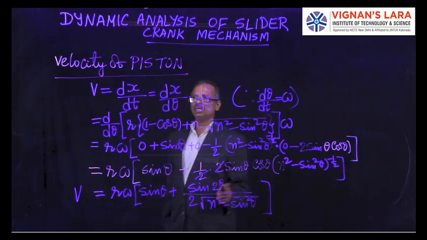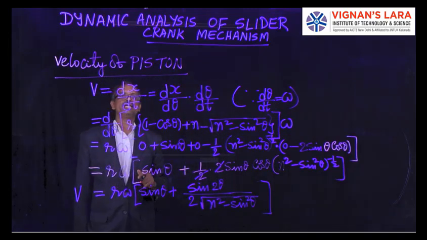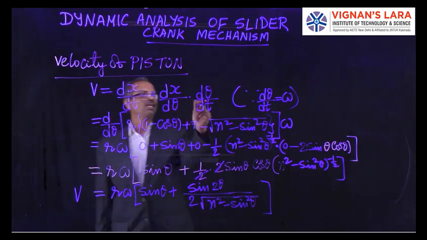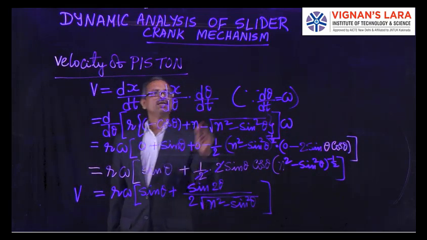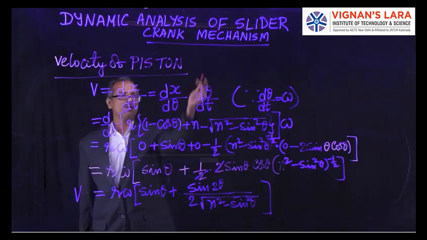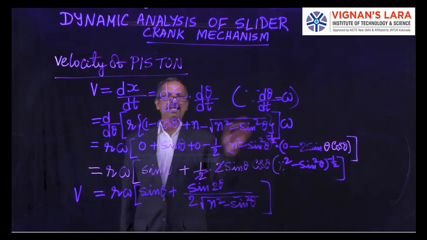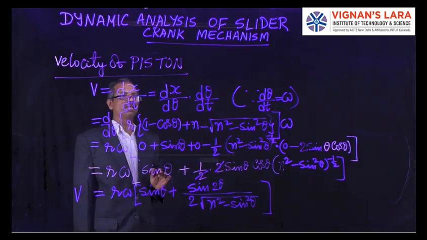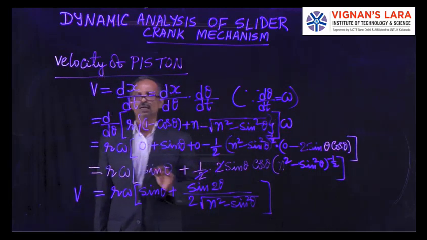So what we did, let us see, we have written simply v is equal to dx by dt, which is dx by d theta into d theta by dt. Then d theta by dt is known as omega. Then dx by d theta is d by d theta of x. x is already calculated in the previous part. So that value we have written: x is r into 1 minus cos theta plus n minus root over n square minus sin square theta, into omega.